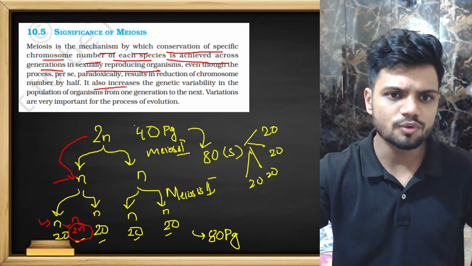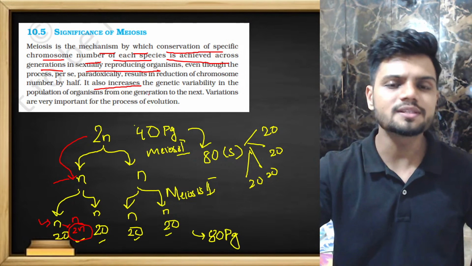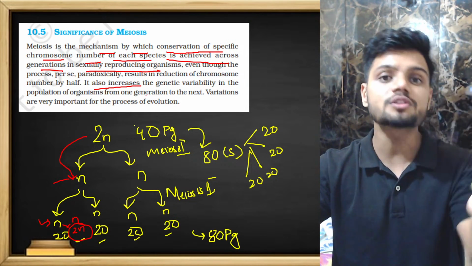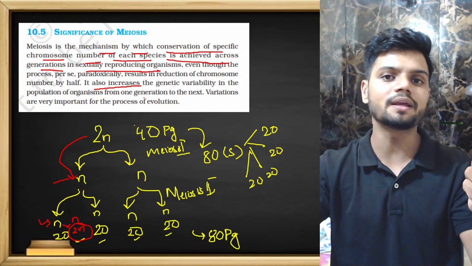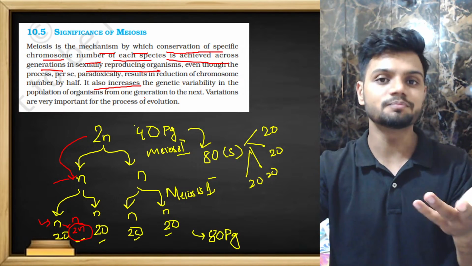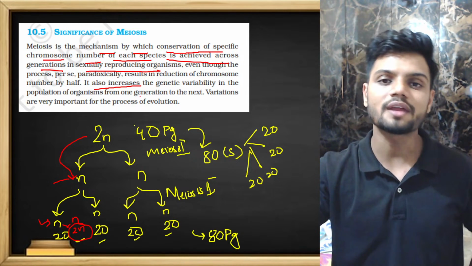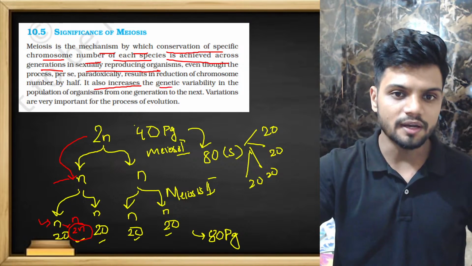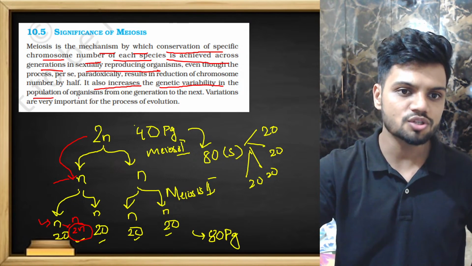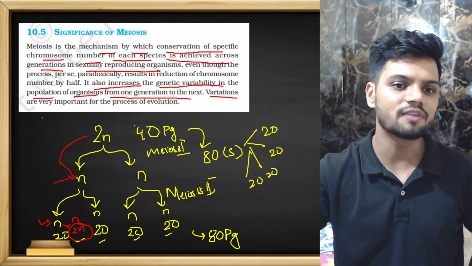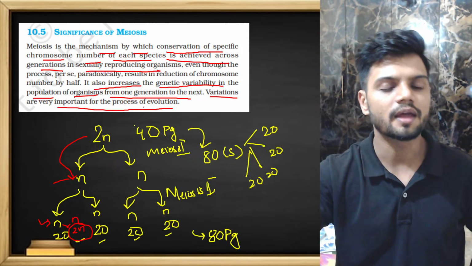Now, it also increases genetic variability since crossing over is happening in meiosis. Since crossing over is happening, can I tell recombination is also happening? If recombination is happening, can I tell variations can come? If variations can come, then there is a chance for evolution. Variations are very important for the process of evolution.